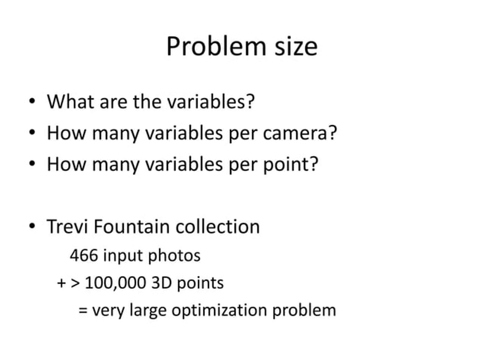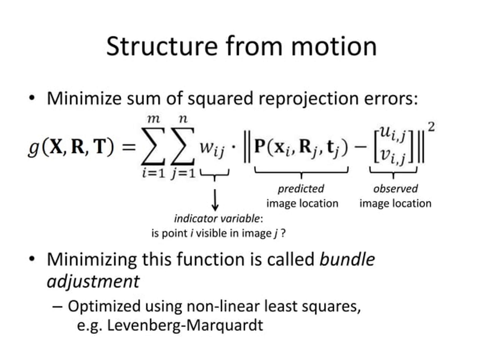We have to define what the variables are, how many variables per camera, and how many variables per point. In the Trevi Fountain collection, we have 466 input images and more than 1 lakh 3D points. It is a very large optimization problem.